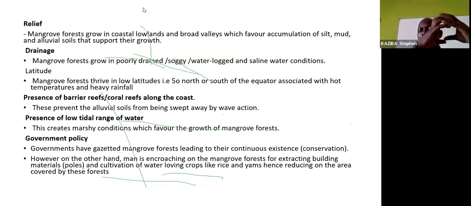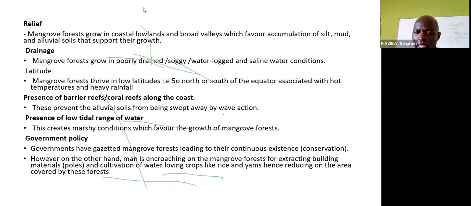Then you also have savanna vegetation, which you subdivide into three. Dry savanna, where it is located, two or three characteristics. Then savanna grassland, where it is located, three characteristics. Go to woodland, where it is located, three characteristics. Then go to swamp, mangrove swamp, where it is located, papyrus swamp, a few characteristics.